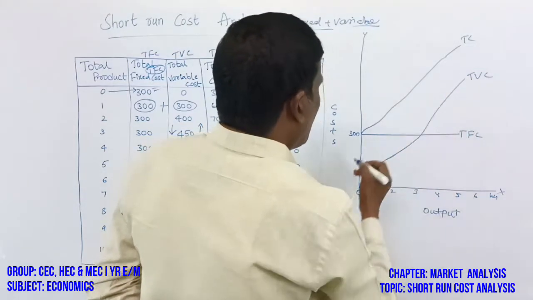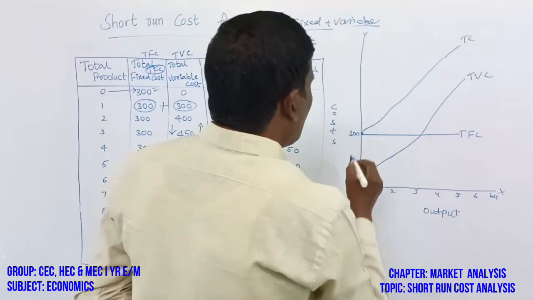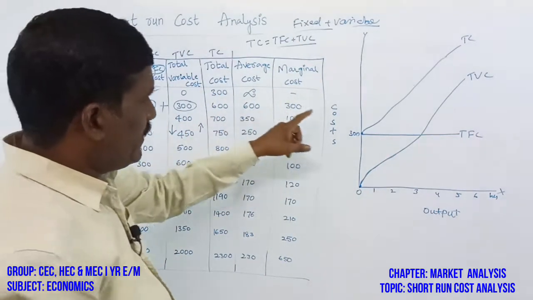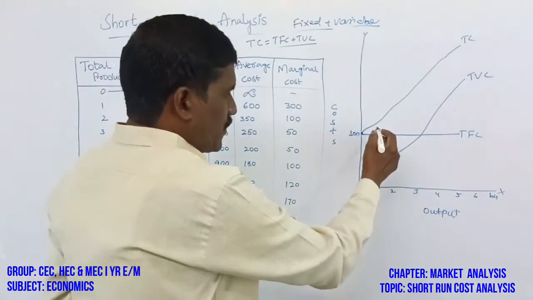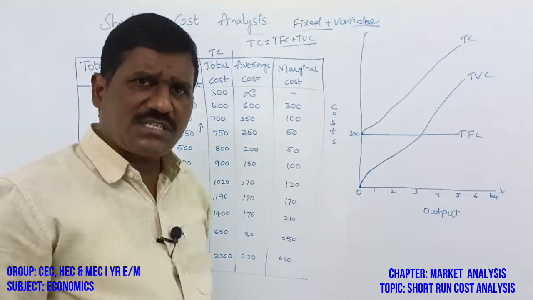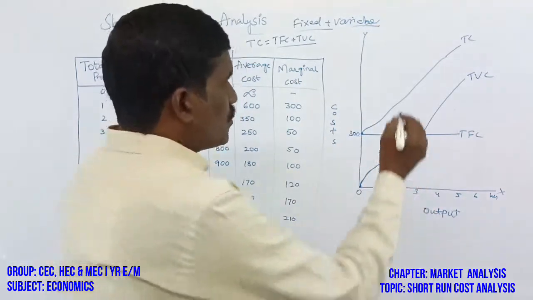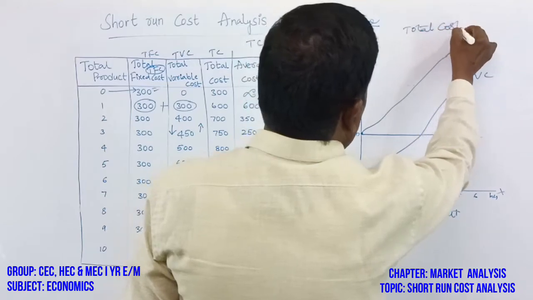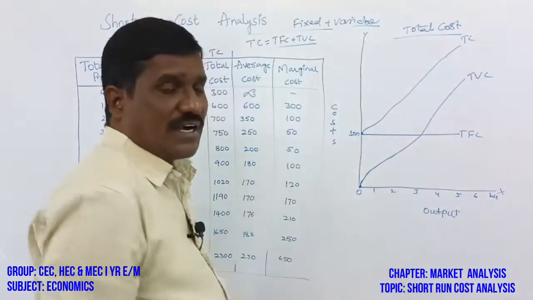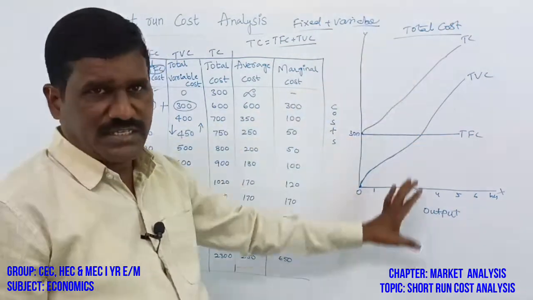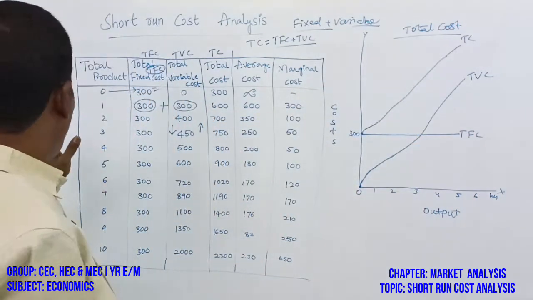This is the total variable cost, and this is the total cost, which starts from 300 and goes on increasing. If the production increases, the total cost also increases. So this is the way of presenting total cost.